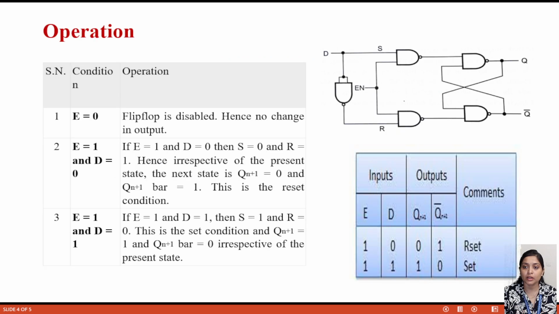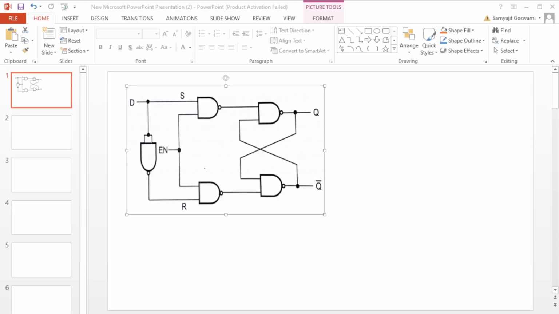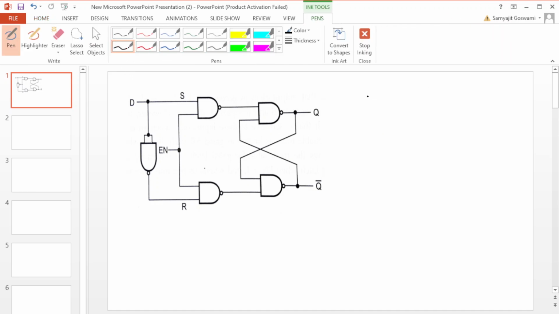This is the truth table to explain the D flip-flop. Now I will clearly show what happens in the case of the D flip-flop. This is clock, this is D, this is S and R, this is Q and this is Q bar.